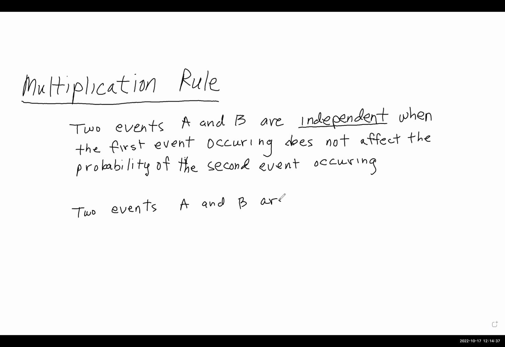are dependent. Defining dependent events as opposed to independent events: when the first event occurring does in fact affect the second one. So it does not on the first one and does on the second one.